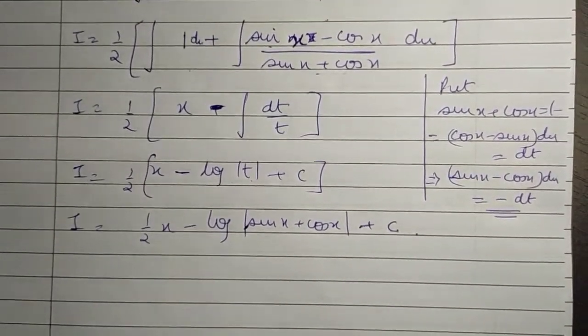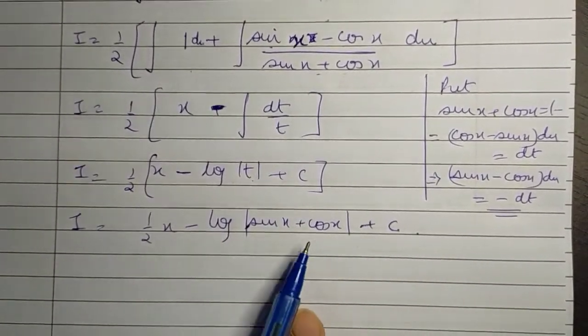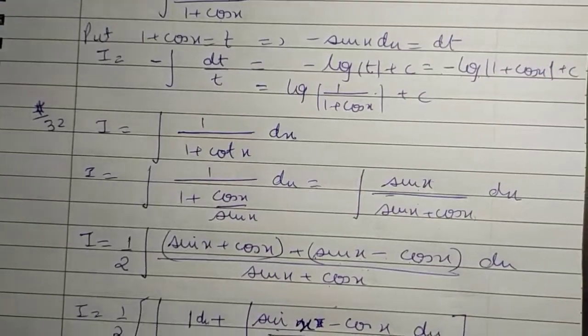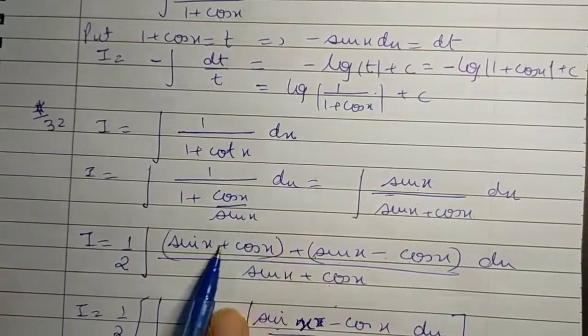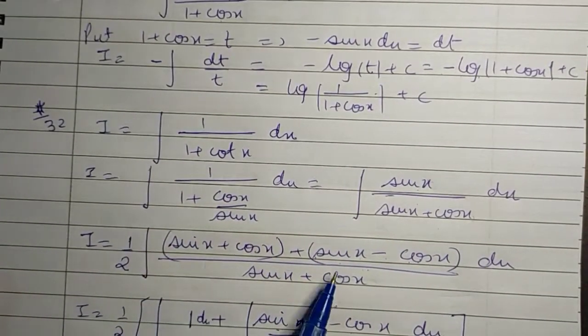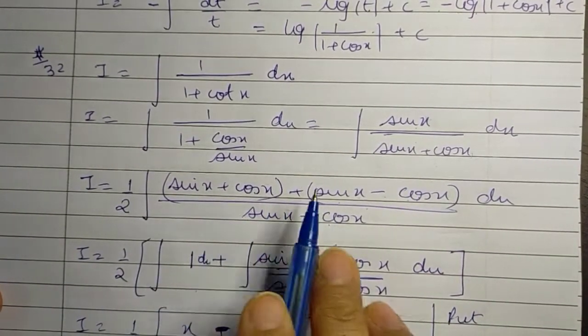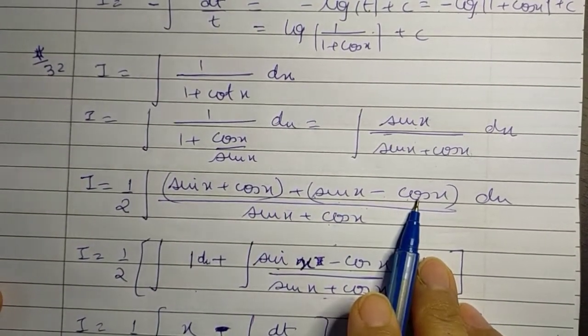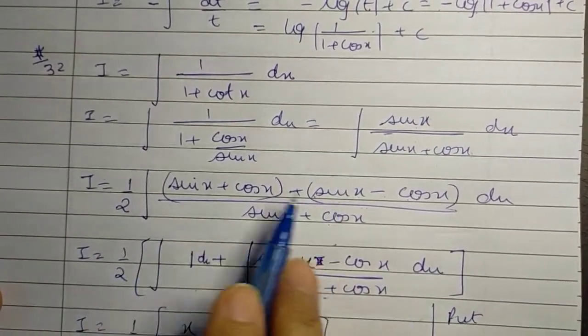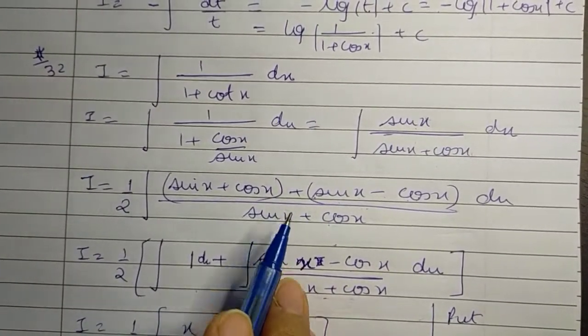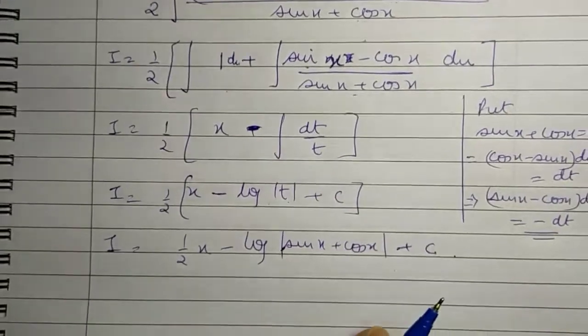So this way we are able to solve this question. This cannot be done directly, but by simply making a slight change, that is by writing sin x as sin x plus cos x plus sin x minus cos x and making it half, because now sin x becomes twice, we can solve this question.